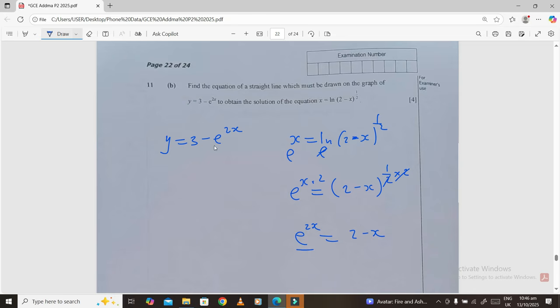So now this one looks like what we have here. So we can say y is equal to 3 minus 2 minus x. We substitute this part, and this will give us y is equal to 3 minus 2 plus x, and this will be y is equal to 1 plus x, and this is the equation we're looking for.